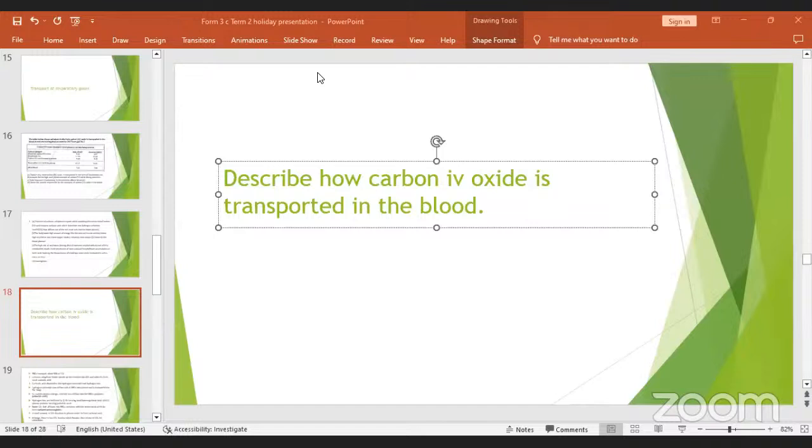Now, all of these are transported into the lungs. In the lungs, the hydrogen is released. It combines with hydrogen carbonate ions to form weak carbonic acid. Weak carbonic acid then dissociates to release carbon dioxide, which is excreted out of the lungs.